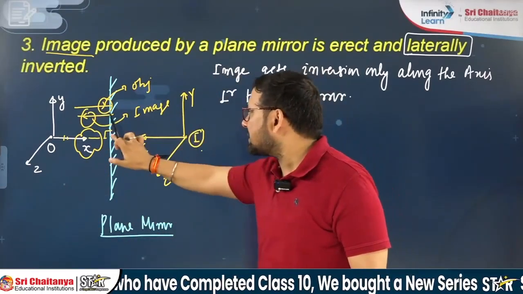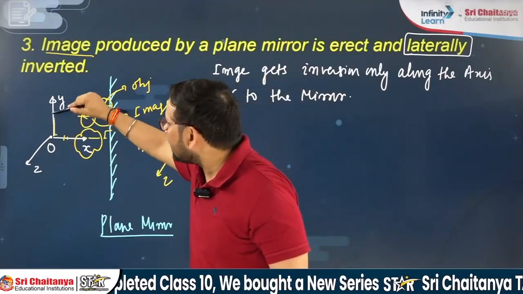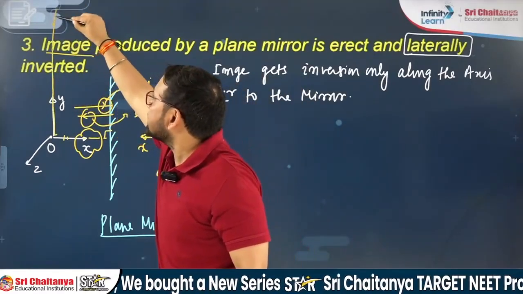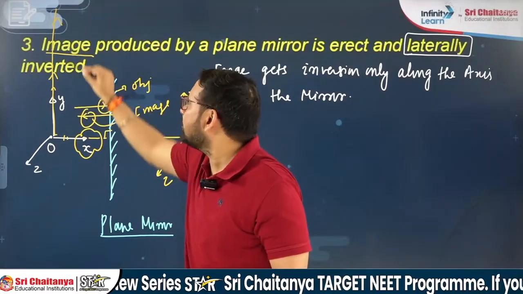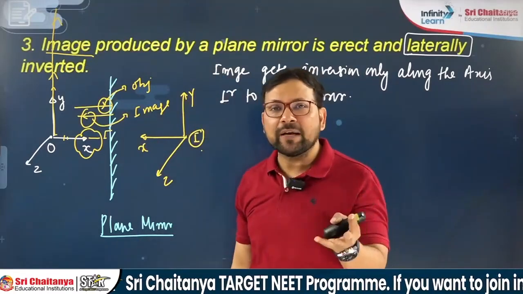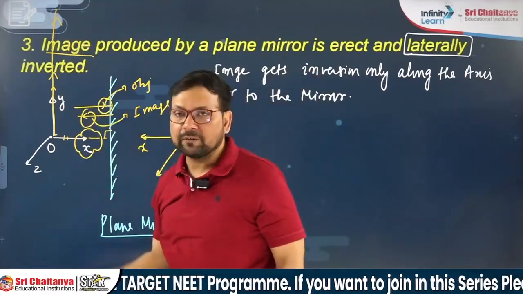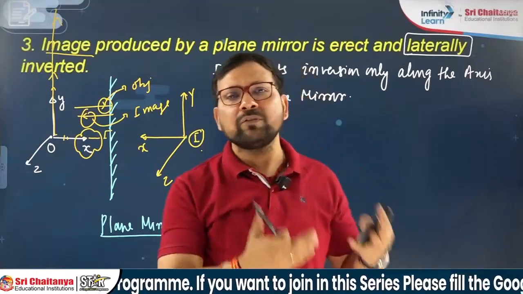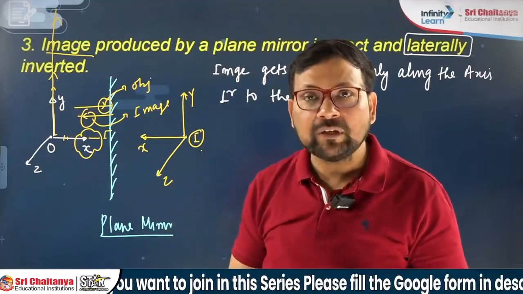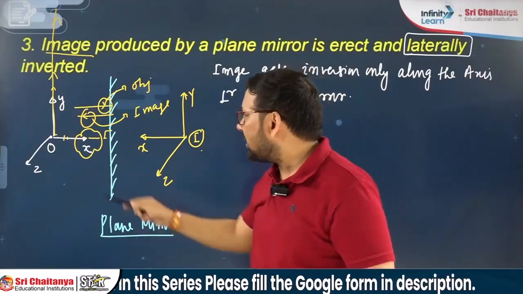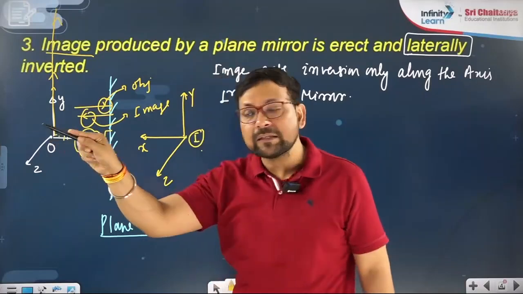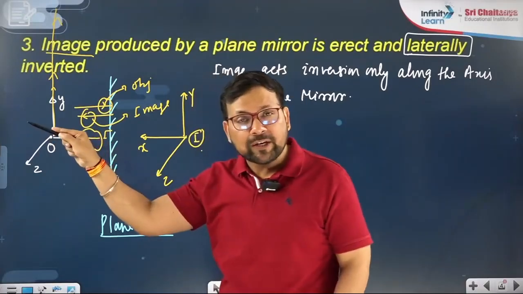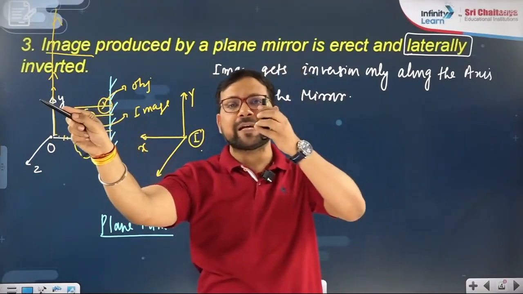If a light ray is going along the y-axis, will it ever strike the mirror? It is not striking the mirror, it is not incident on it. When there is no incidence, there is no reflection, and when there is no reflection, there is no image formation. Similarly, if a light ray is coming towards you, it is not going to be incident on the mirror because the mirror is standing here.